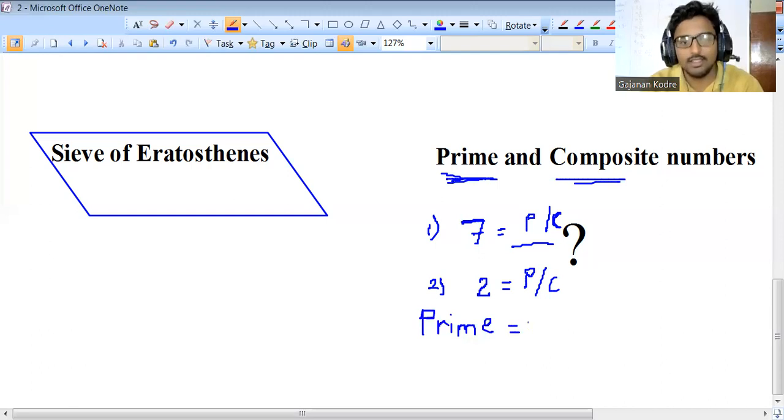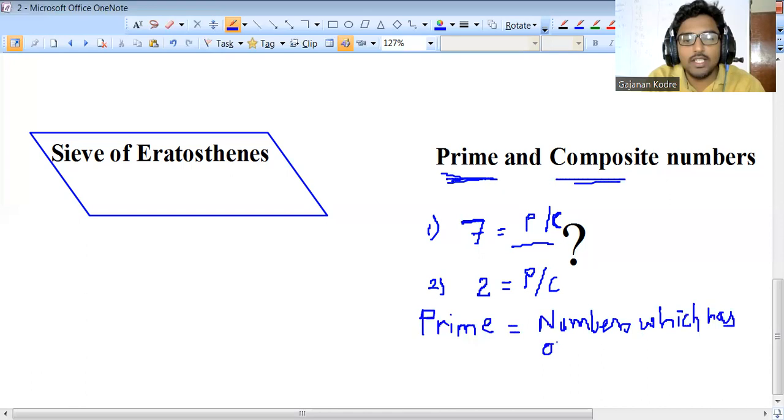Sorry, that is a co-prime. What is prime number then? Prime numbers are the numbers which have only two factors.